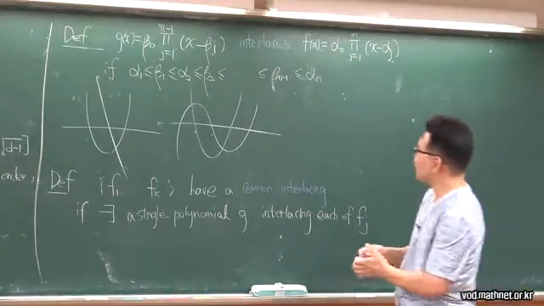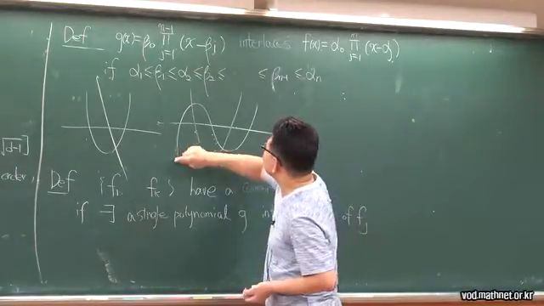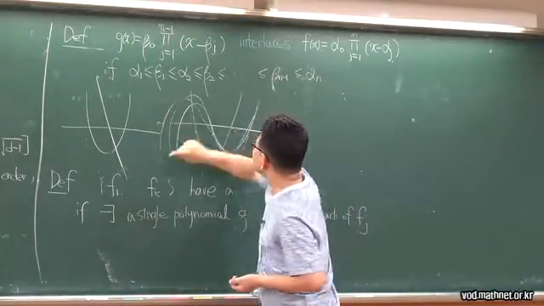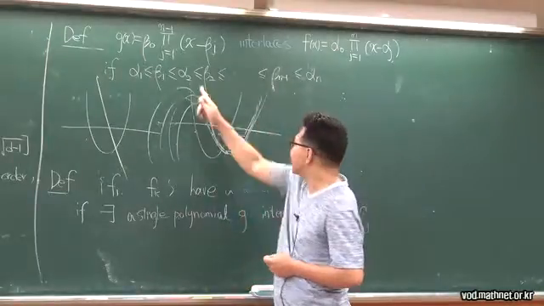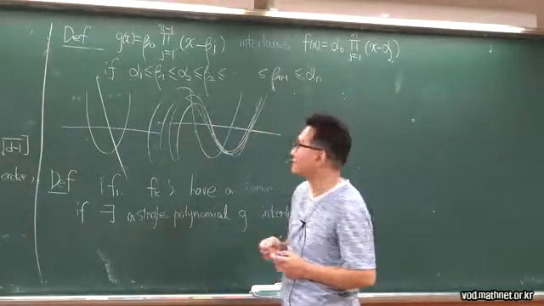So you can think about these things and these things and those things, but this one is a common interlacing for those things. Okay.